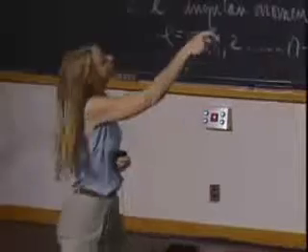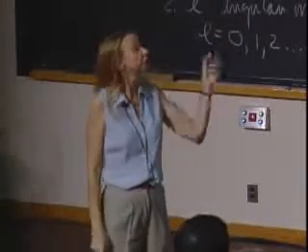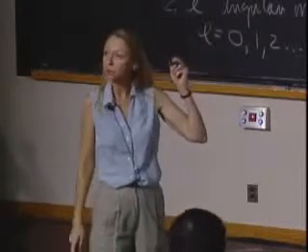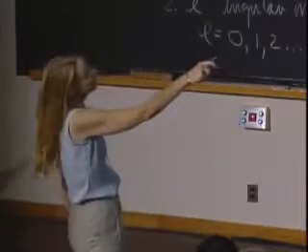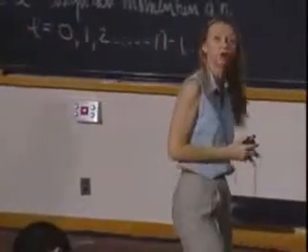So, for example, if L is equal to 0, we call that an S wave function or an S orbital. So, in the orbital language, instead of psi 1, 0, 0, we call this a 1s orbital. Here's the principal quantum number. Here's S. L is equal to 0. That's just our code for L is equal to 0.